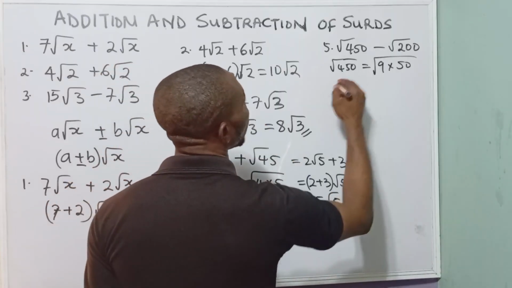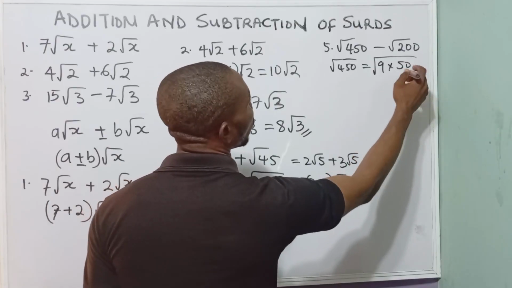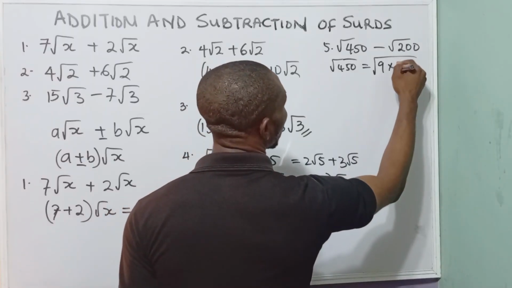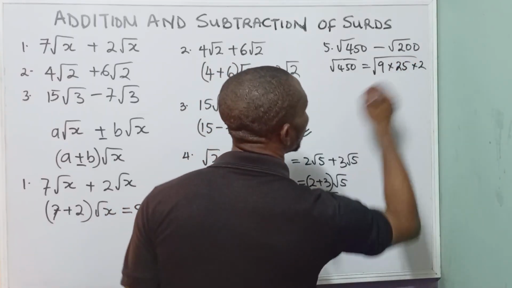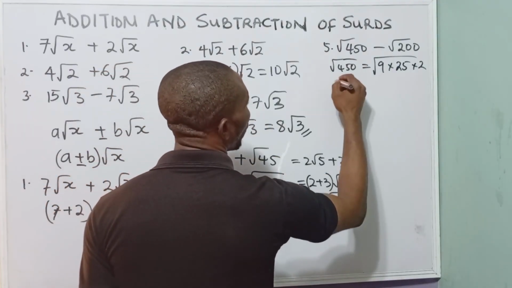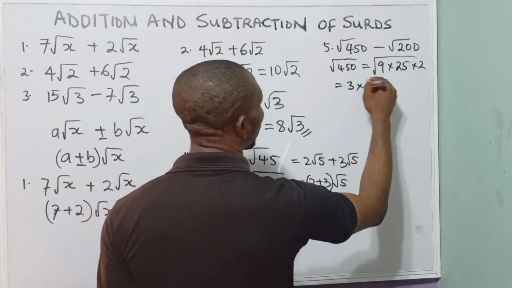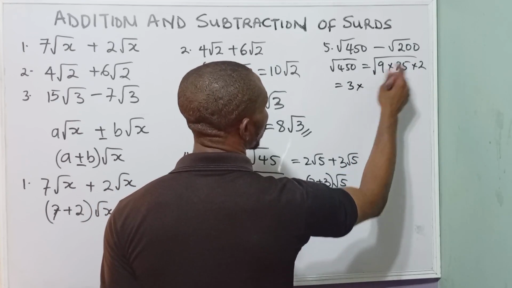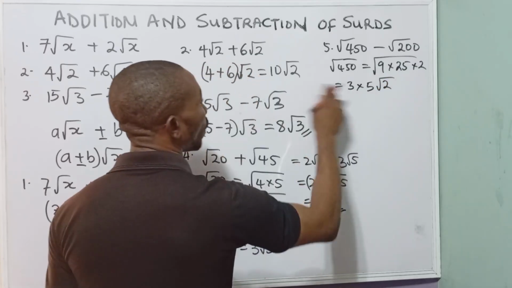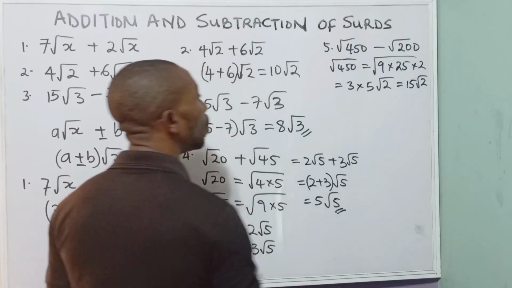We can still break this 50 down to be 25 times 2. So we have root of 9 is 3 times root of 25 is 5 root 2. So 5 times 3 will give us 15 root 2.